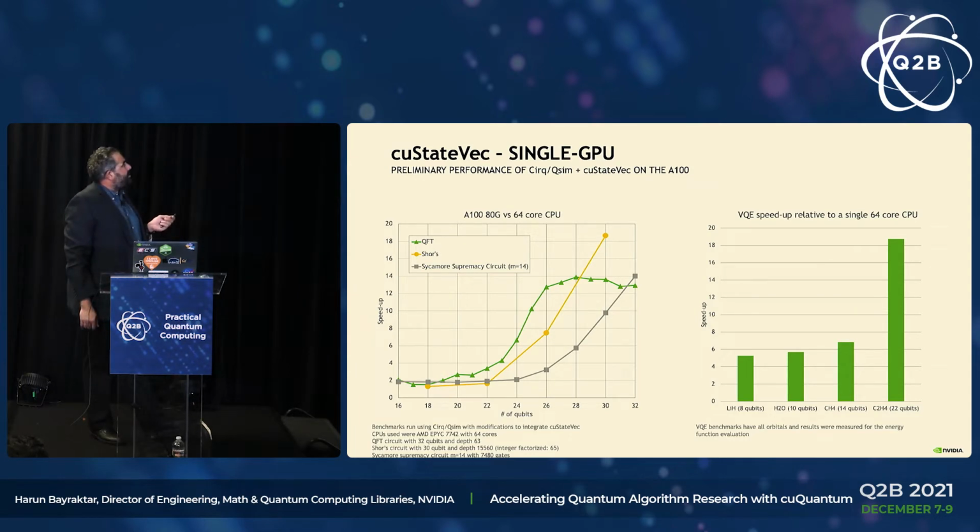And then the comparison is made against a 64-core state-of-the-art CPU. So the left side is one 64-core CPU versus one 80 gigabyte A100.